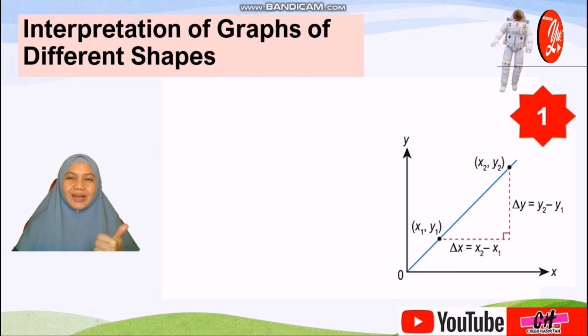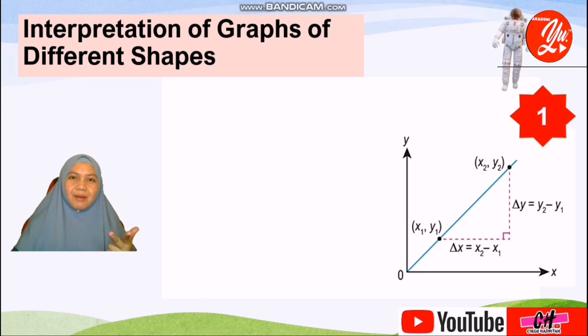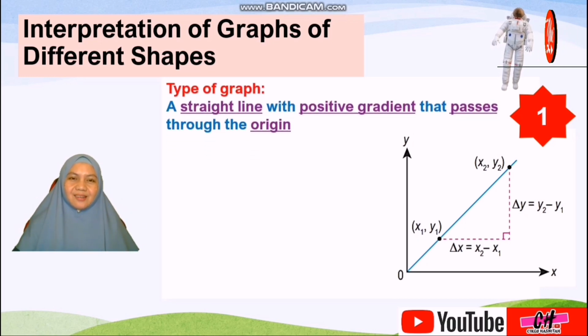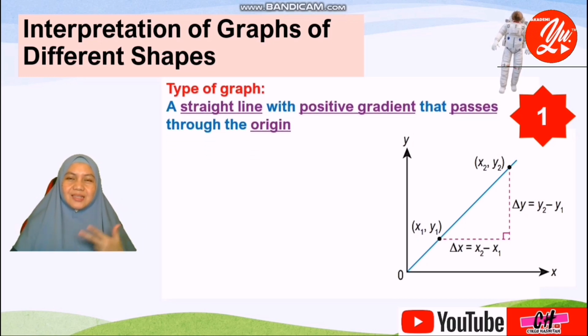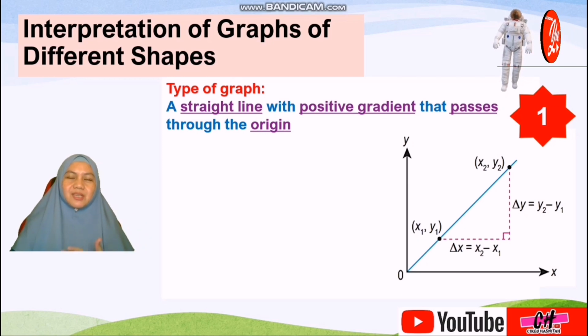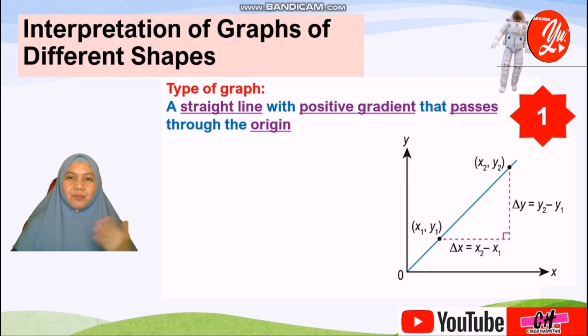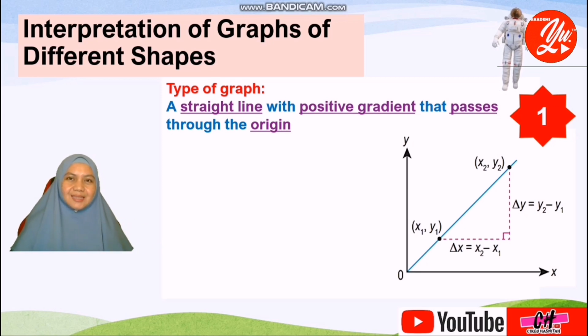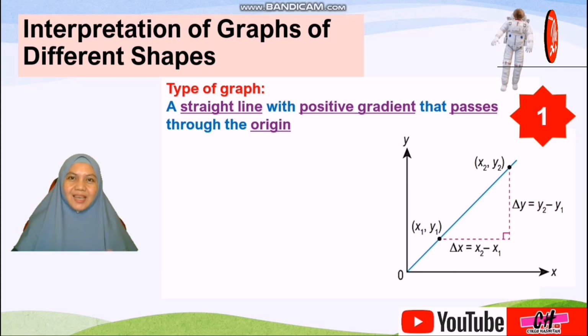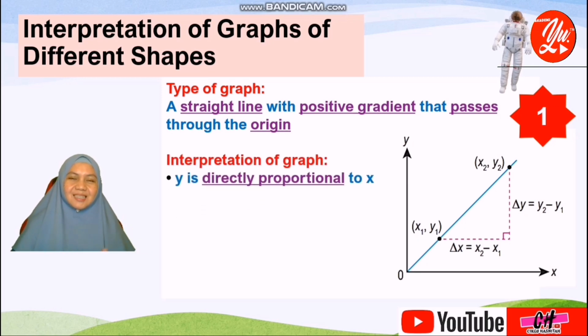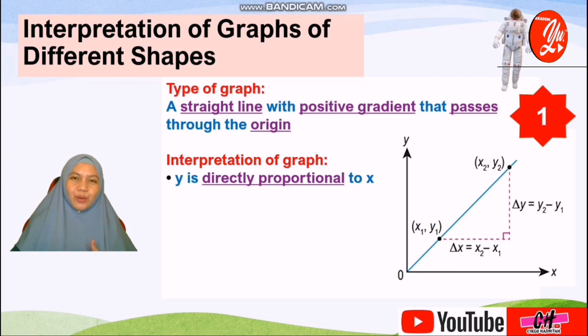So this is a straight line graph with positive gradient, and yes, it passes through the origin. So from here, what can we say about the relationship between y and x? We say y is directly proportional to x.